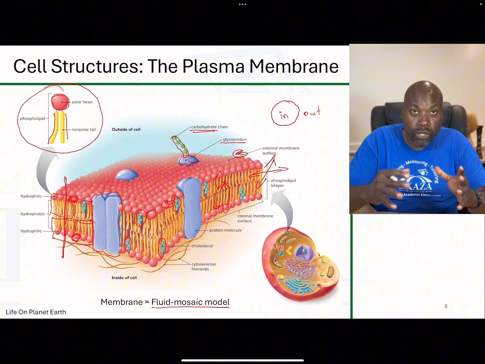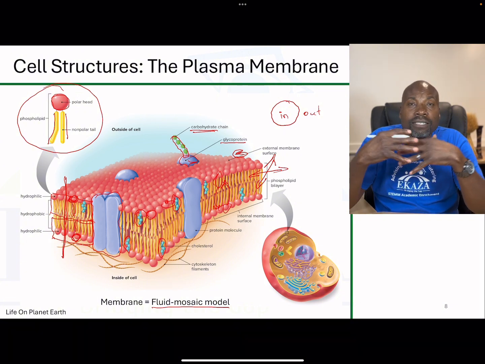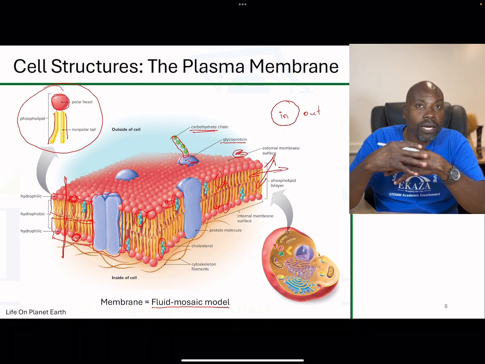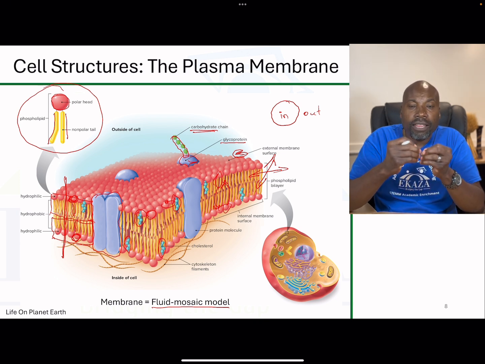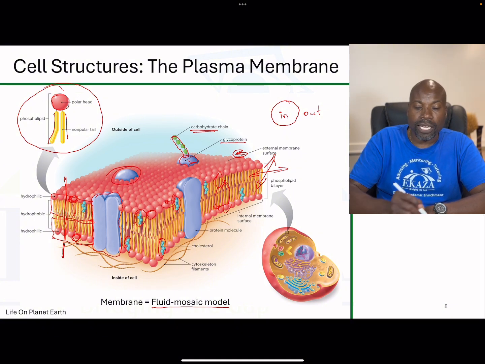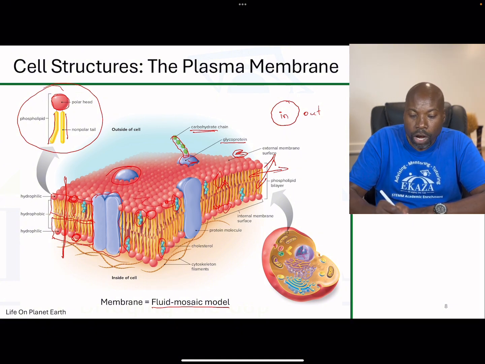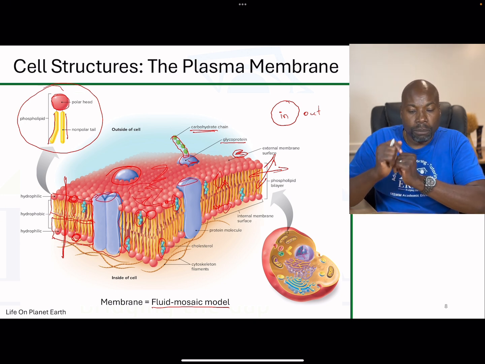But when you come closer, this is when you realize that what you see from far as one single nice piece of work is actually many small pieces connected together. This is what you see when you look at this protein here in the ocean of all these phospholipids, right? This looks like a mosaic. So it's a fluid mosaic. Fluid, but looks like a mosaic.